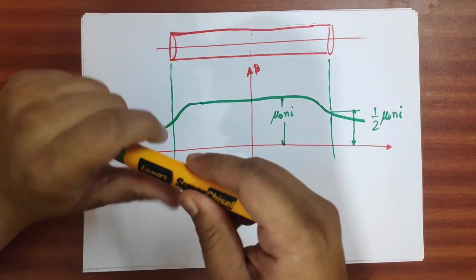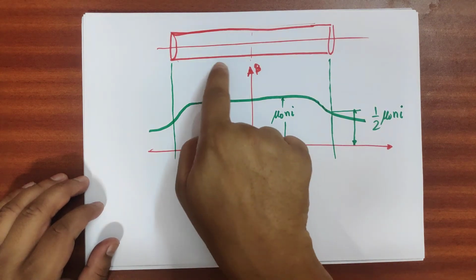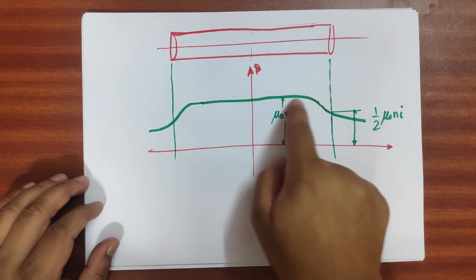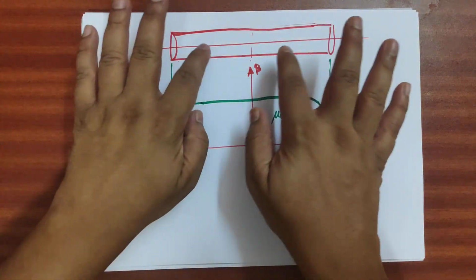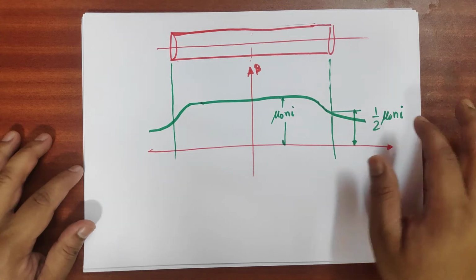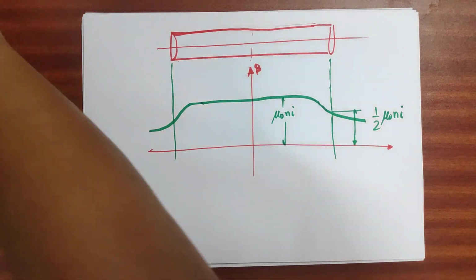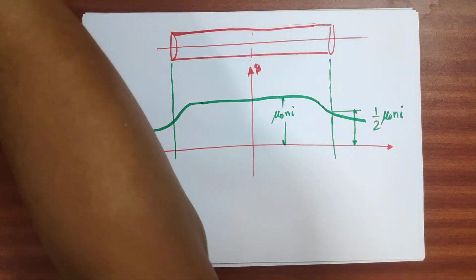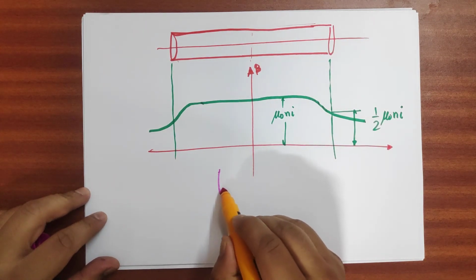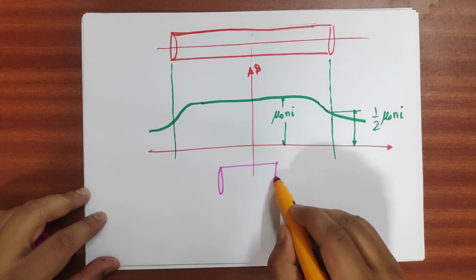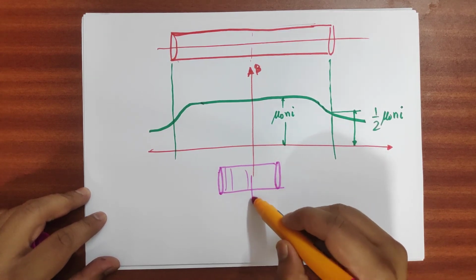This happens for a long solenoid. For a long solenoid, in the majority of the region inside you will get approximately a constant value, mu 0 ni, throughout a large region inside. But for a short solenoid, it won't be like this. Short solenoid means the radius is comparable to its length.